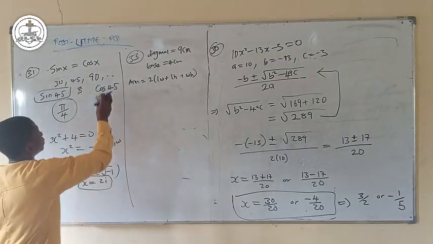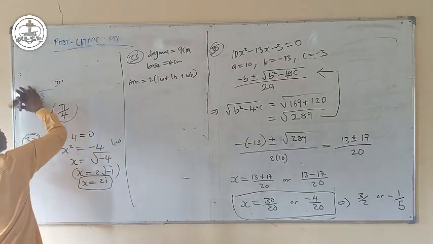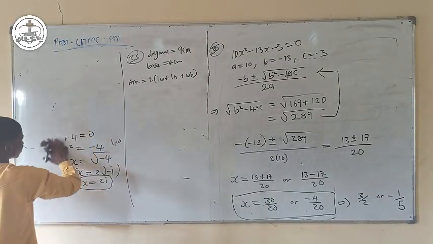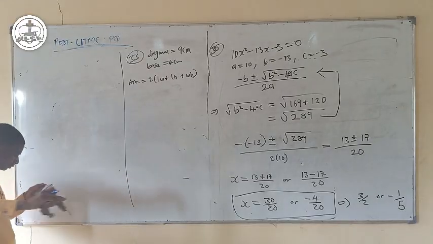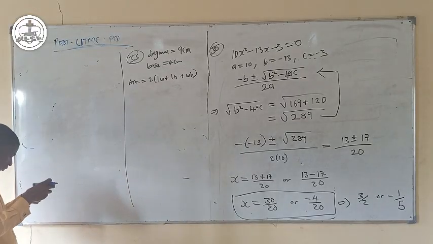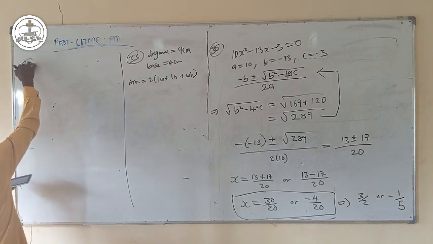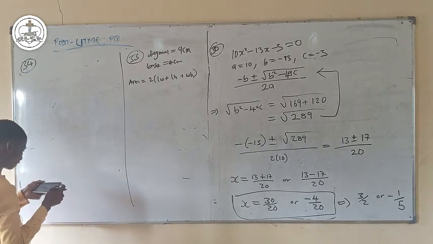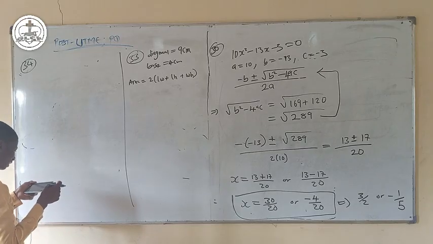That's 33. A cylinder of height h and radius r is open at one end.